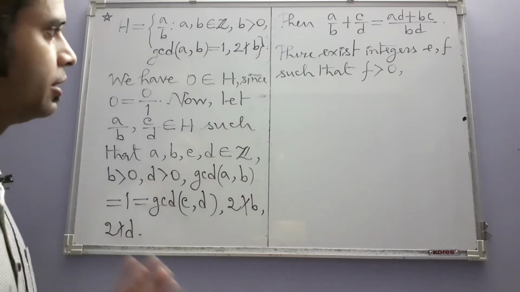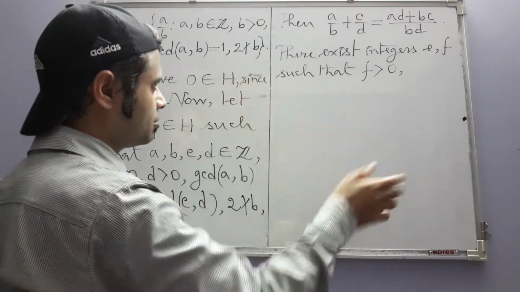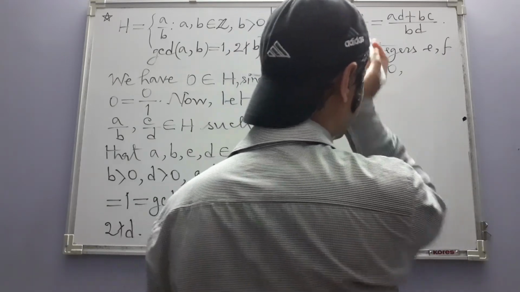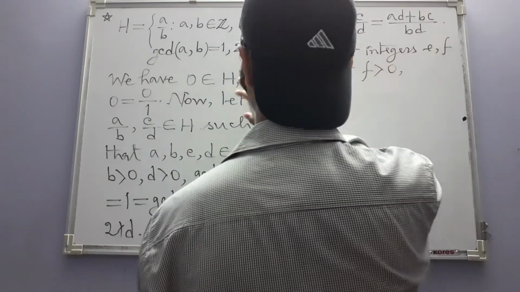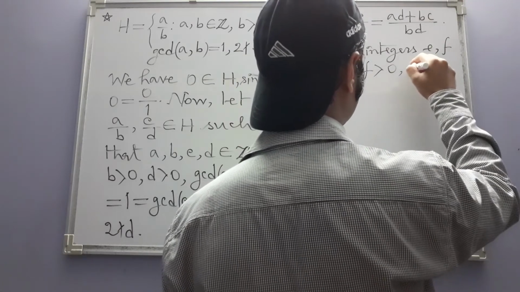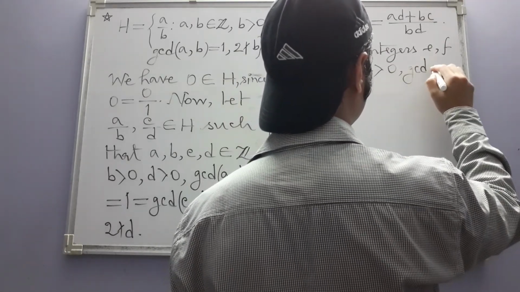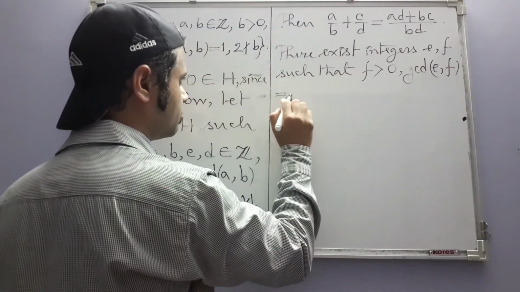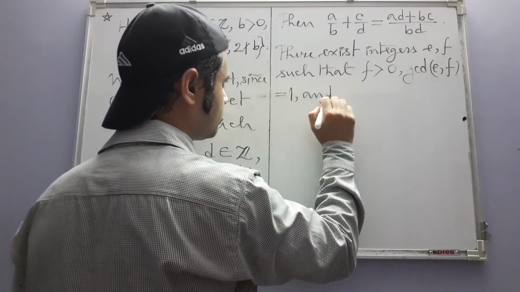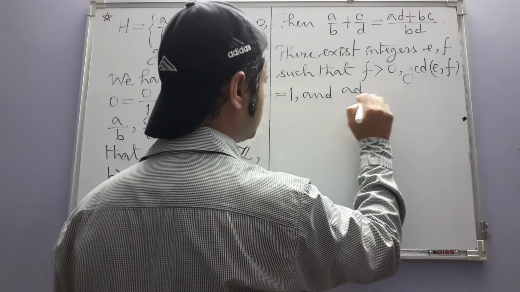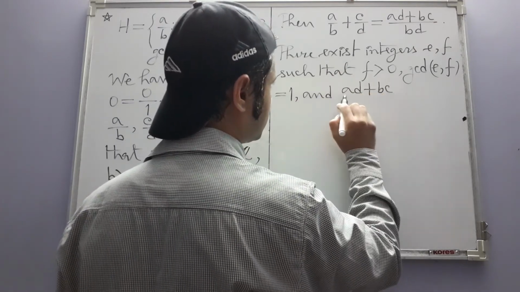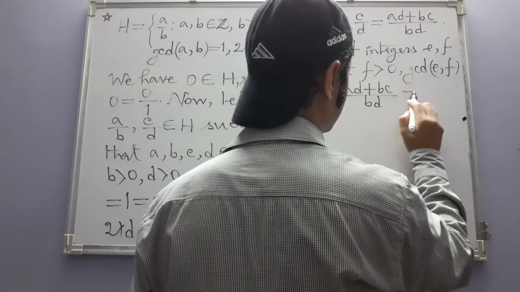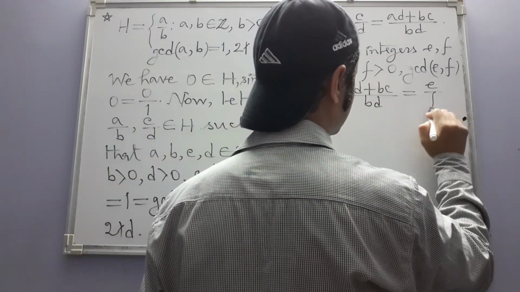This condition has to be separately concluded, and that will make this an element of H. GCD of E and F is equal to 1 and AD plus BC divided by BD is equal to E divided by F.